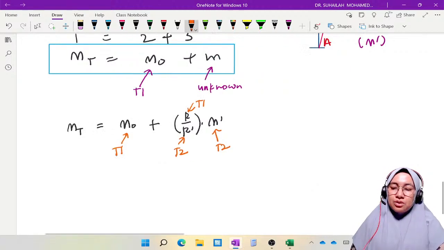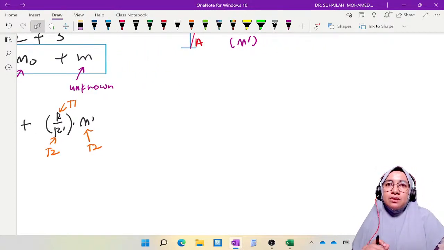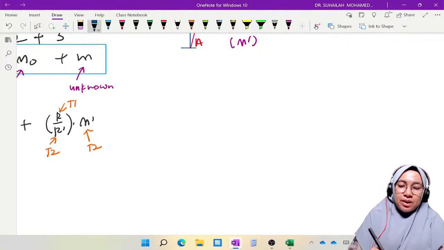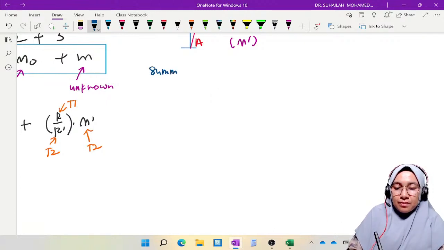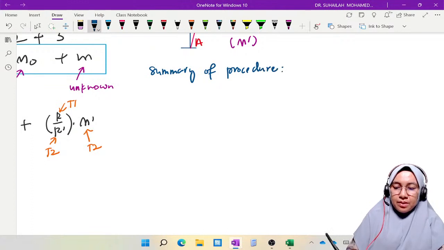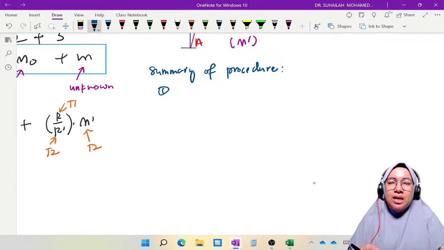Okay, so we can summarize the process to analyze a frame with sidesway in these steps. Summary of procedure. Step number 1: of course, in the moment distribution method, the first important thing is to calculate the distribution factor.